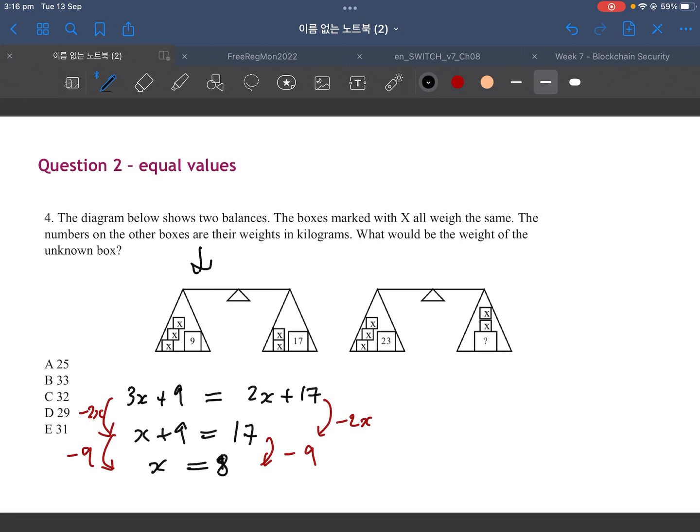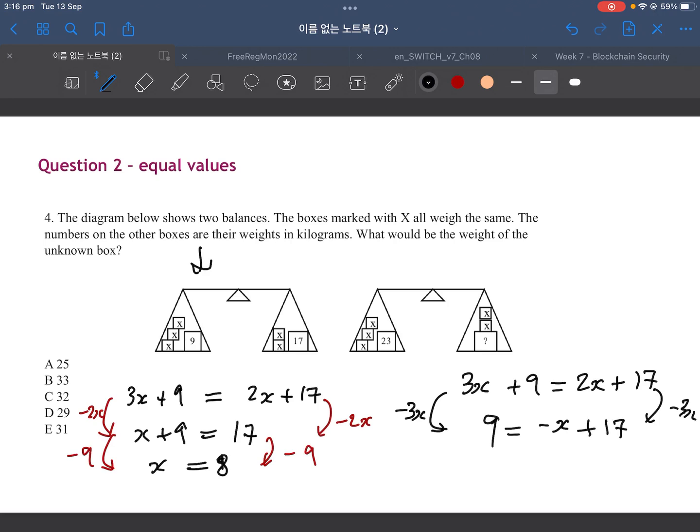Let's try that if I did minus 3x first. So if I did 3x plus 9 equals 2x plus 17, and out of curiosity, I said, why don't I just get rid of the 3x first by subtracting 3x from both sides? Well, great. You get 9 on the left side, but you get minus x, because 2x minus 3x is minus x, plus 17.